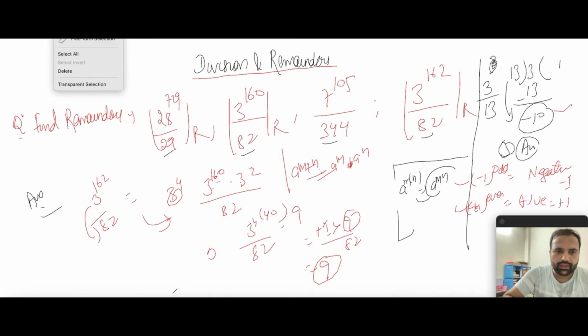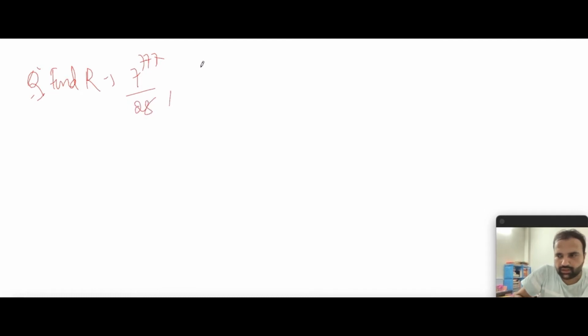So now let's go for a different concept and a different question. Again, it will be in the form of a question. Let's say find the remainder of 7 to the power 777 by 28.